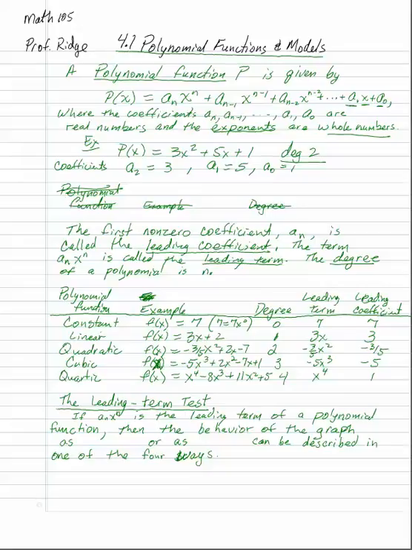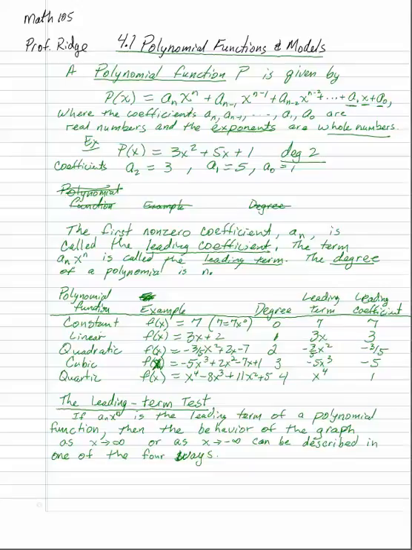So if a sub n x to the n is the leading term of a polynomial function, then the behavior of the graph as x goes to infinity, so that means as x gets bigger and bigger on the x-axis, or as x goes to negative infinity, so as it gets to negative 1 million, negative 2 million, and so on, as x keeps getting more negative, it can be described in one of four ways.